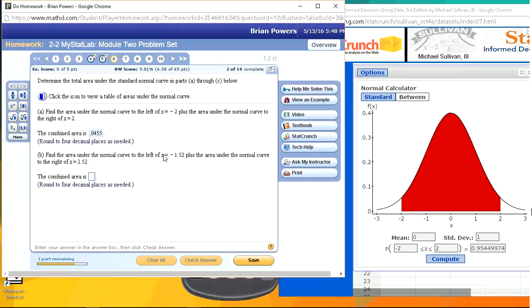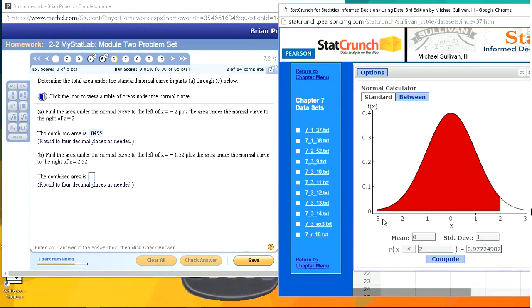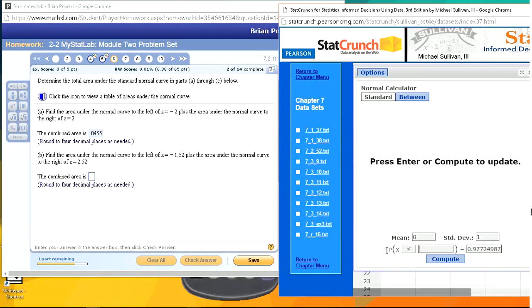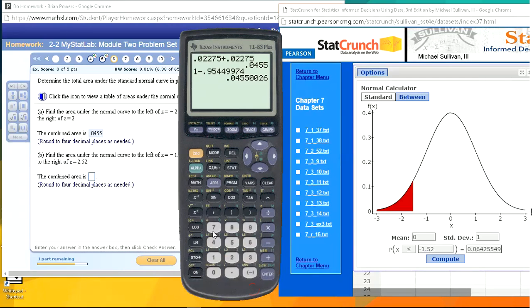Okay, so now this one's a little bit different. It's asymmetric, so now the only way to really do this one is to do it in two parts. The area to the left of negative 1.52, okay, we'll get that number in here, is 0.064255.